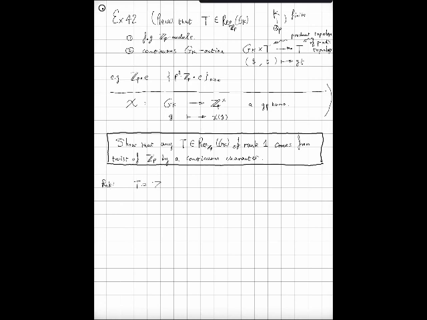Which means it is of the form Zp with some generator, some basis E. Representation means firstly that as a Zp module it is isomorphic to Zp, so finitely generated as a Zp module.